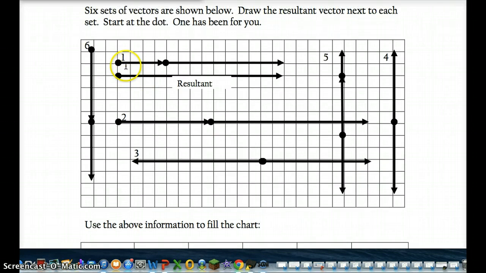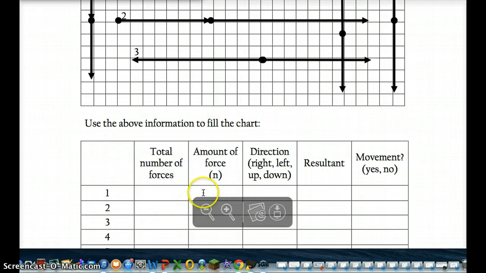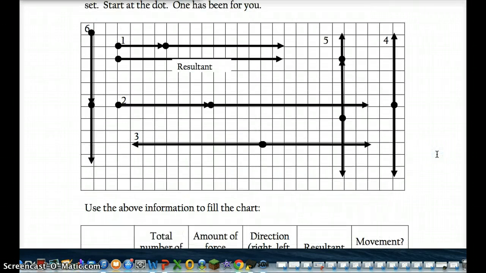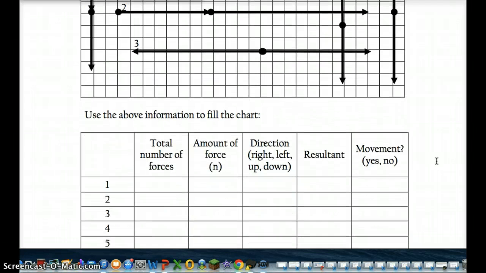So now we're going to say 1, 2, 3, 4, 5, 6, 7, 8, 9, 10, 11, 12, 13, 14, because they were both going the same direction. That's why I just counted over. So it's going to be 14 newtons right here. What direction is it going? It's going to the right. So we're going to write the word right.